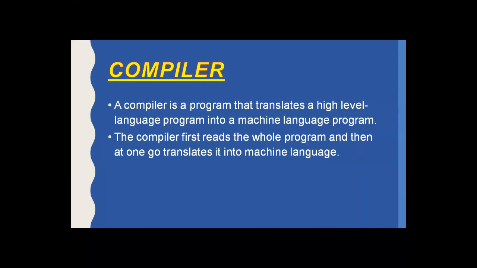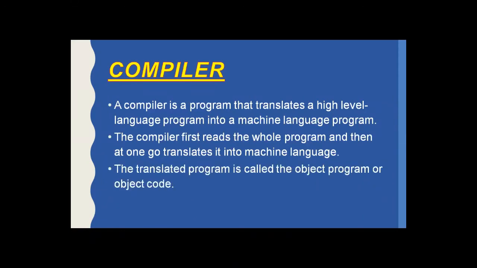After reading the whole program, it converts the complete program into machine language. The translated program is called the object program or object code.